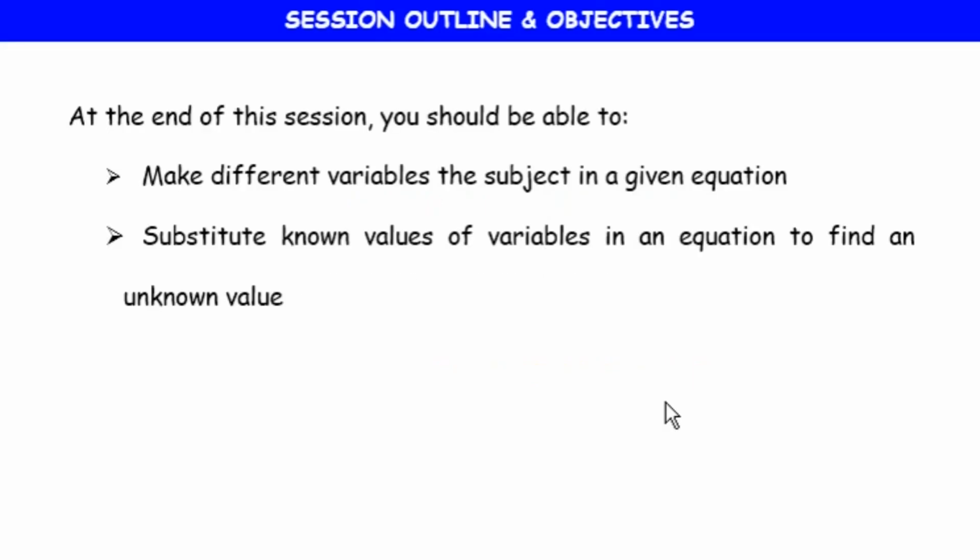Okay, so let's look at the session outline and objectives. What do we expect to achieve by the end of this lesson? By the end of the lesson, you should be able to make different variables a subject in a given equation, and then substitute known values of variables in an equation to find an unknown value or variable, right?